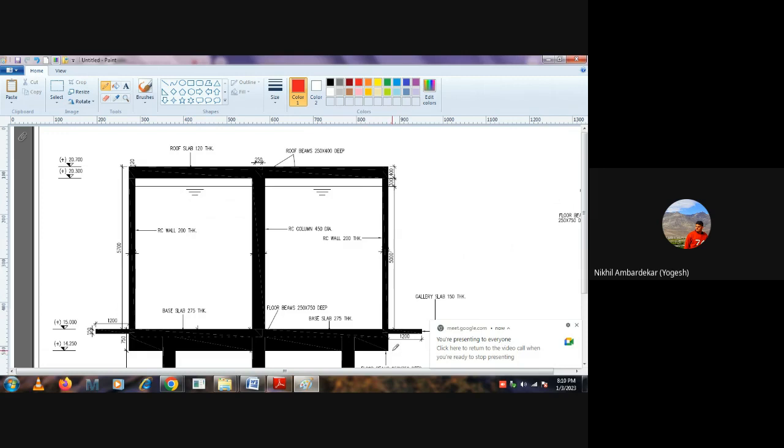So Venugopal ji, this is our 0, this is our datum. What is the depth of the roof beam? That is 0.75.